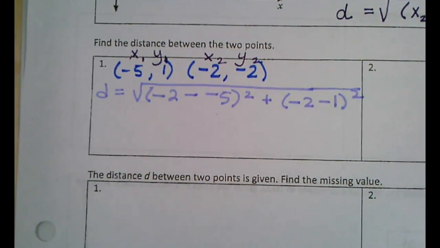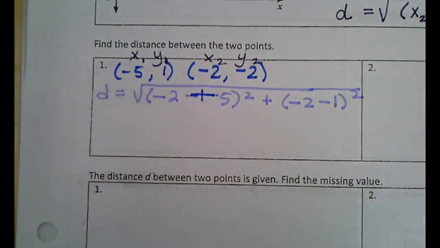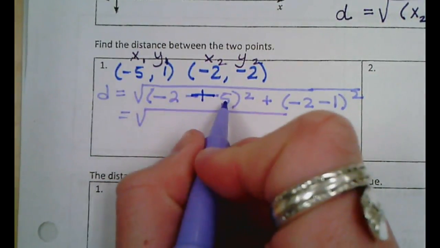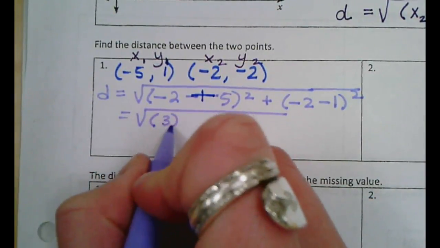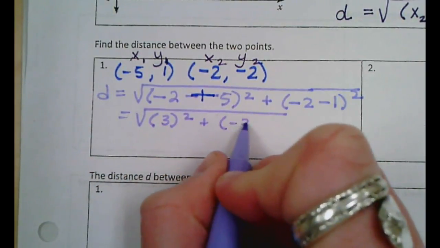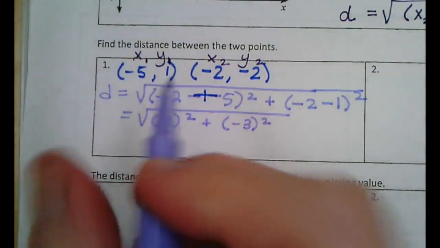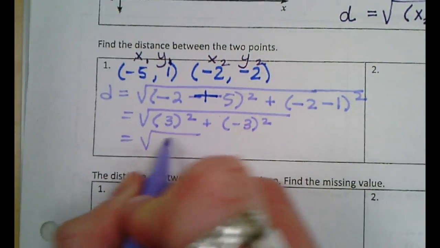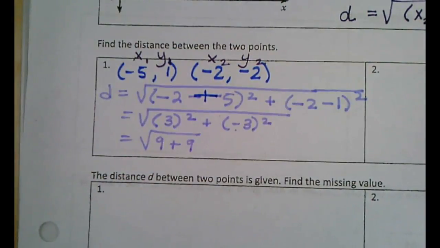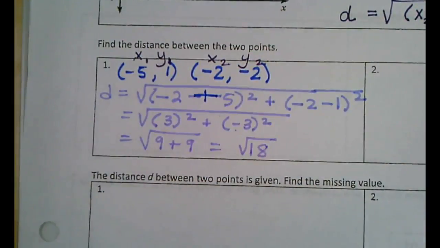Well, this is actually changing to a plus sign for minus a negative. So I have my distance equal to the square root of -2 plus 5 is +3, and -2 minus 1 is -3. Don't forget these are in parentheses, so +3 squared gives me 9, and -3 squared gives me 9. This equals the square root of 18.